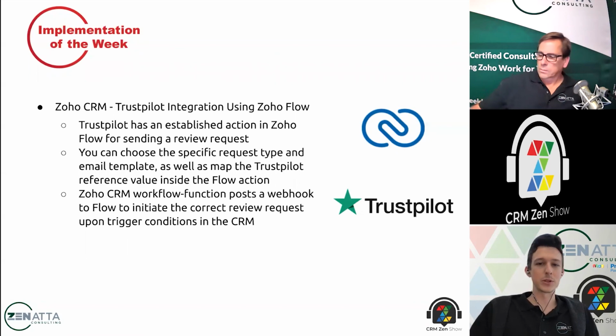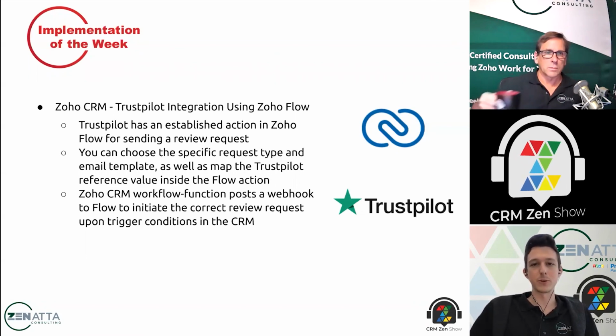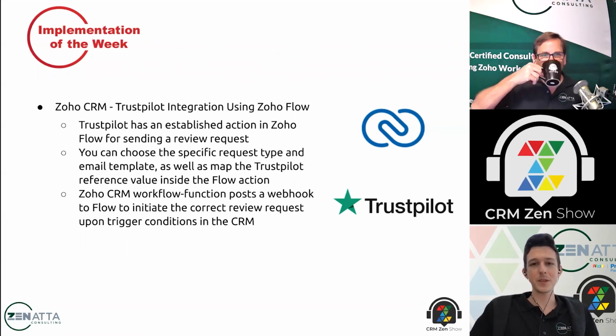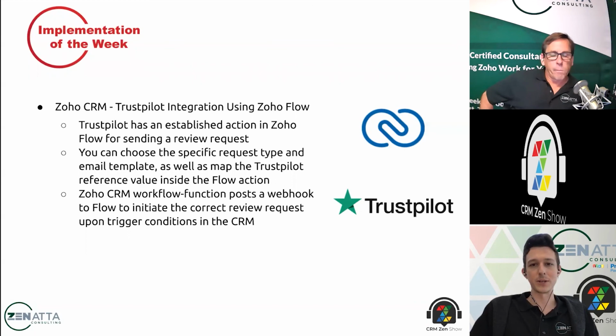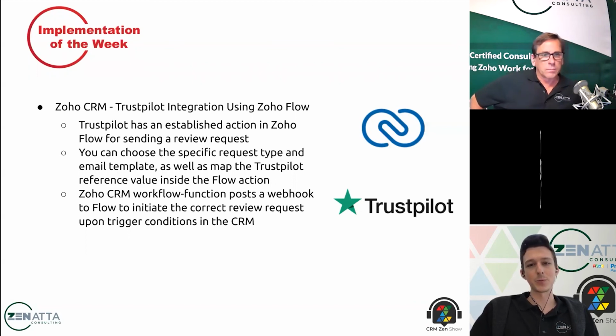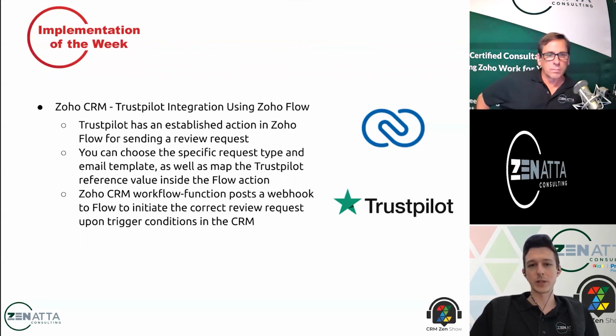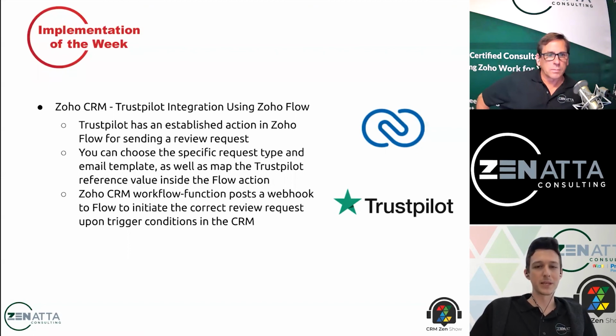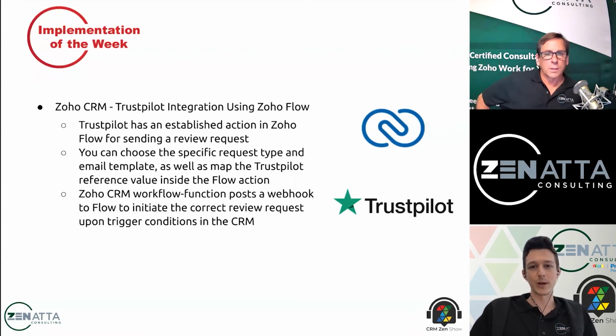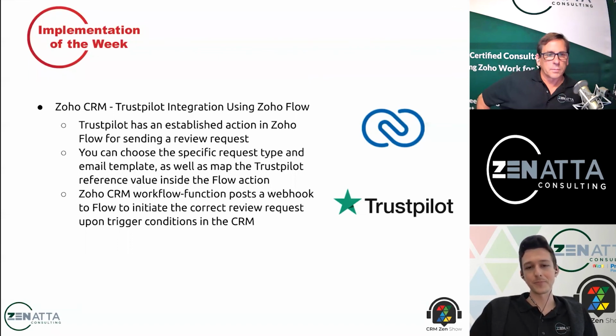And you can build out whole suites of templates and different review types for anything that you'd want to review someone on, whether it's a good or a service, right? You can send all those out via Trustpilot. And just not too long ago, Trustpilot created an integration with Zoho Flow where you can basically trigger those requests for review to go out.